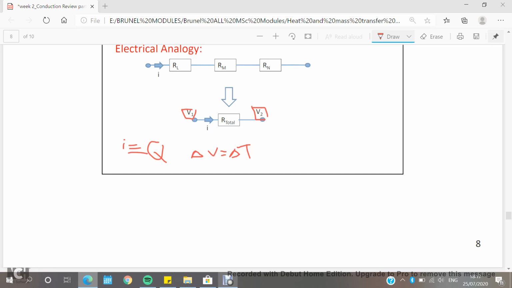If you remember, one of the main principles of electrical engineering is Ohm's law, which indicates that V, the voltage, equals I, the current, times R, the resistance. Correct? Perfect. So delta V equals I times R.